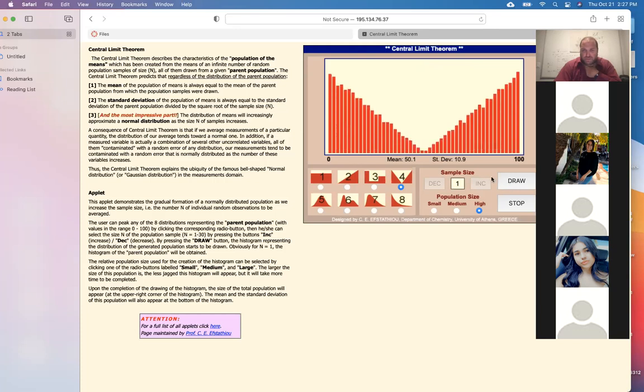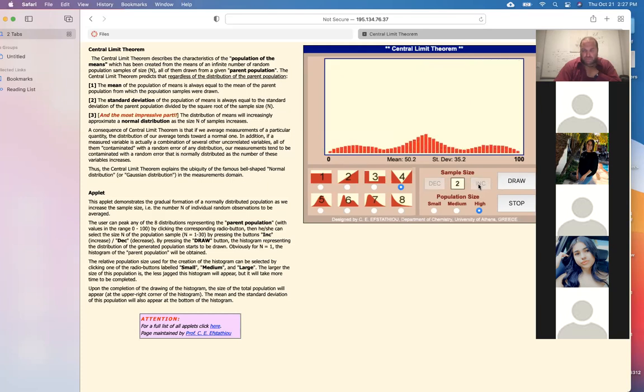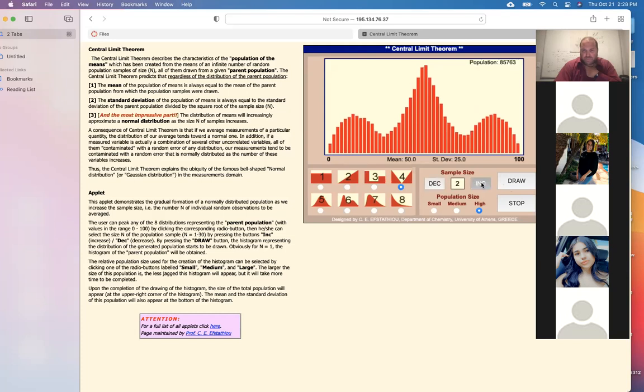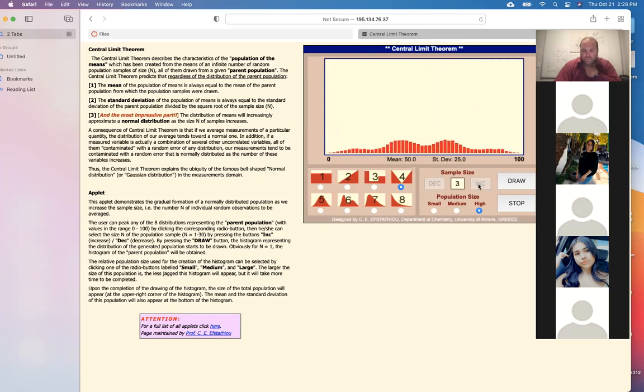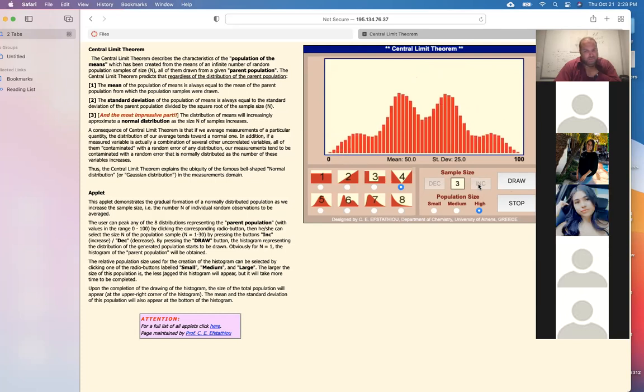Let's do 2 at a time and average them. Interesting shape. Let's do 3 at a time and average them. It's kind of weird. 4 at a time.